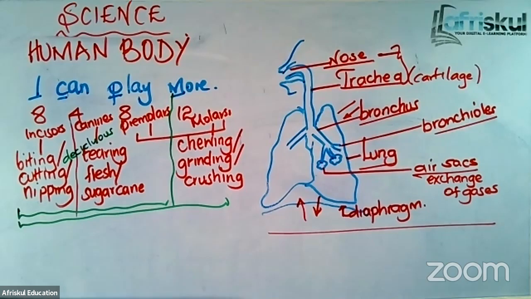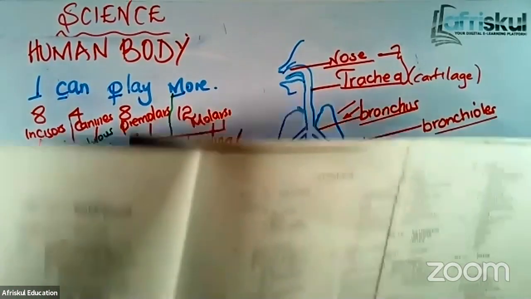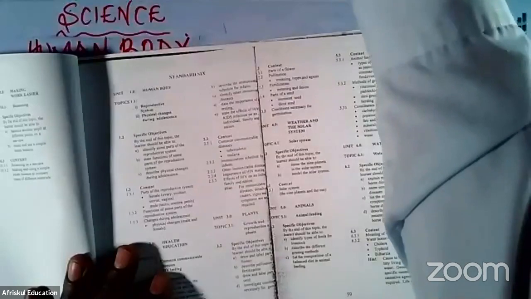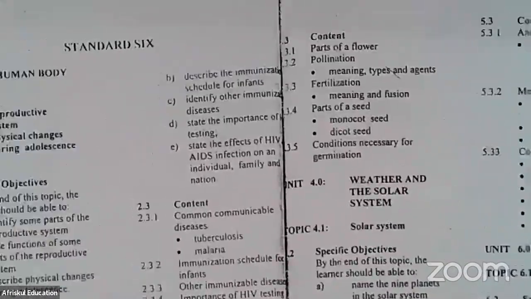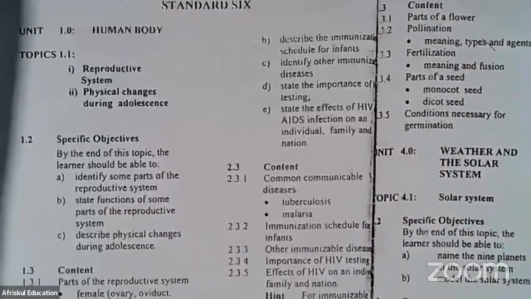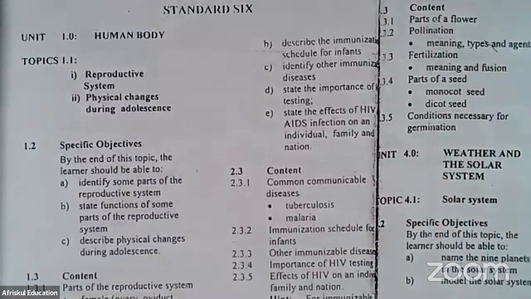Okay? In class 6, Judy, I am moving a bit fast. In class 6, here's what you learned. Still in the human body, you learned the reproductive system.